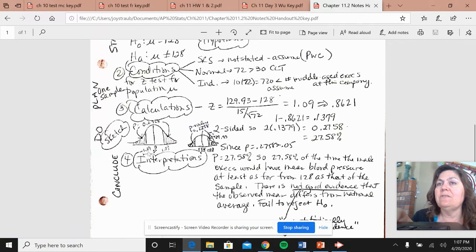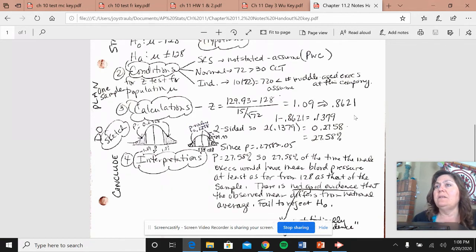I just put a z sketch so we could see we're 1.09 off over here to the right of that z-score. So we're finding this tail here, and then we multiply it by 2. If you get a z that is negative, then you're getting that tail, and you'll still multiply it by 2 to get the total area under the curve.